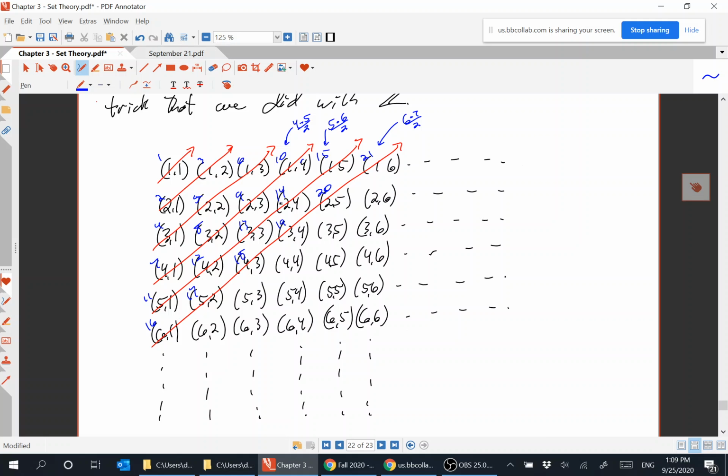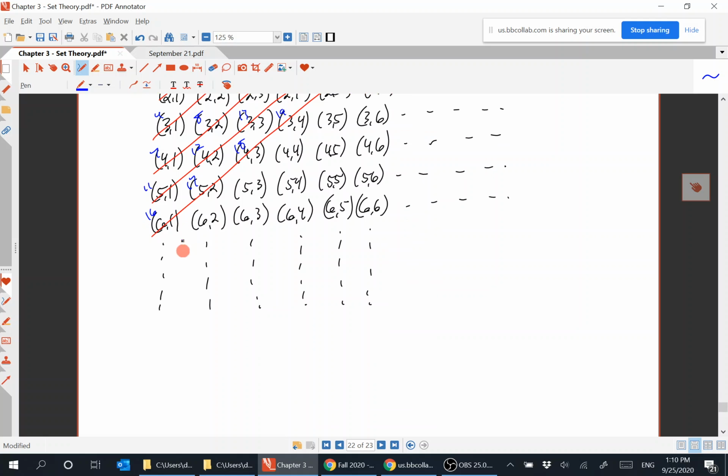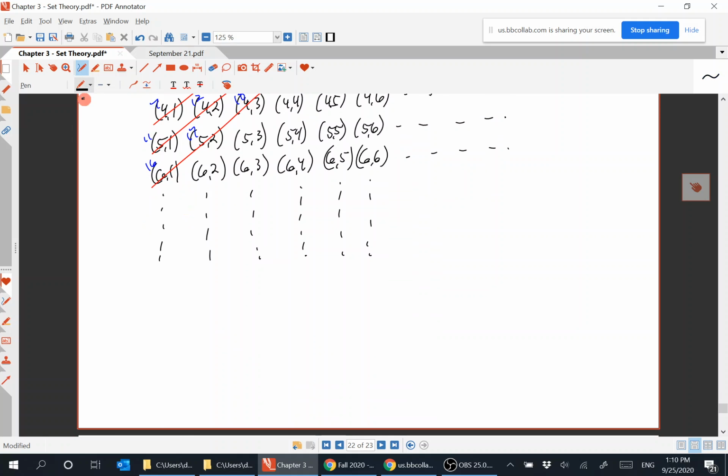So Q and Z plus are the same size, same cardinality, even though Z plus is a proper subset of Q.